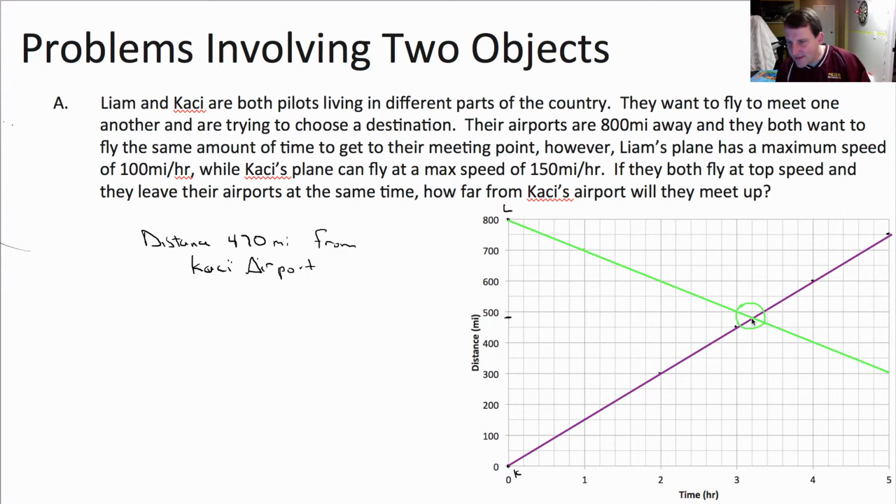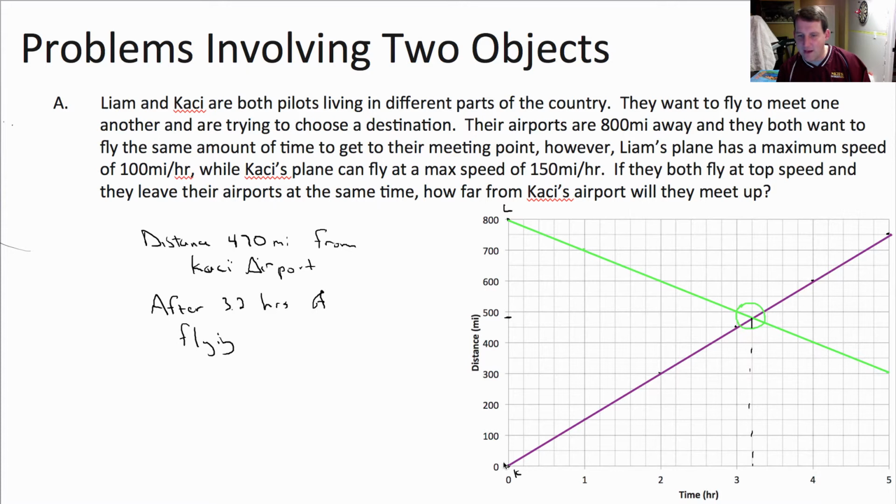And they meet up at a time of here, which is about 3.2 hours. So after 3.2 hours of flying.